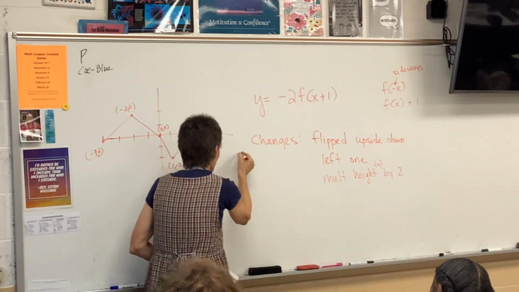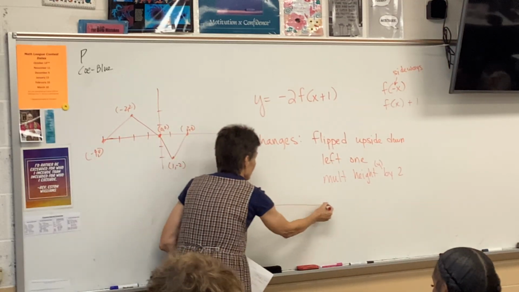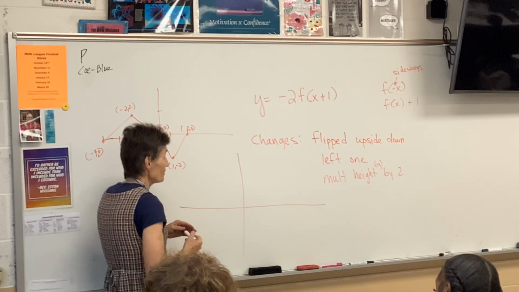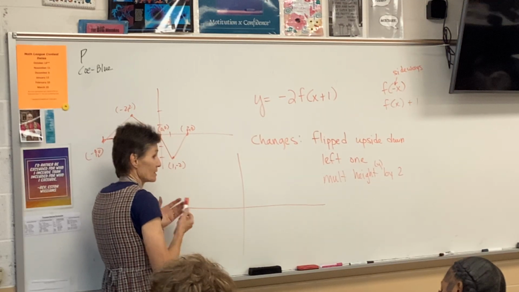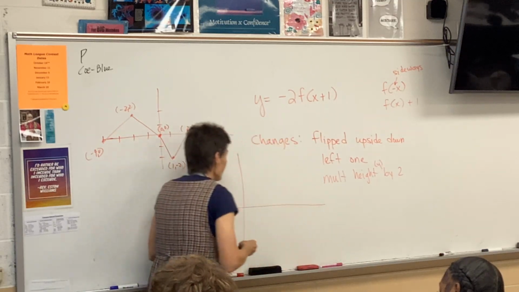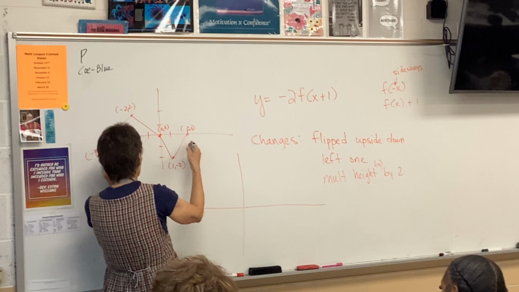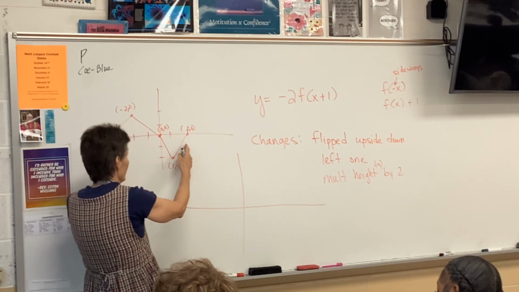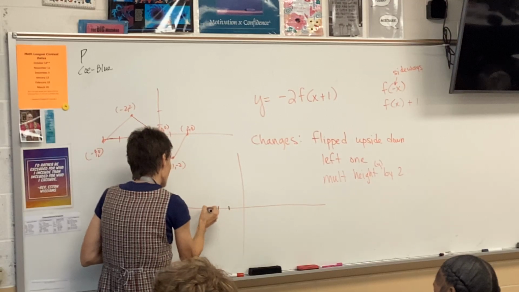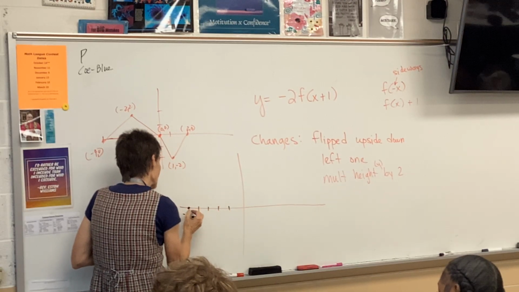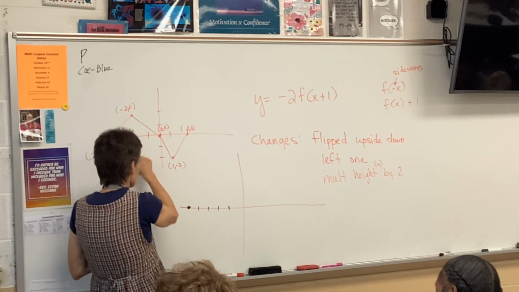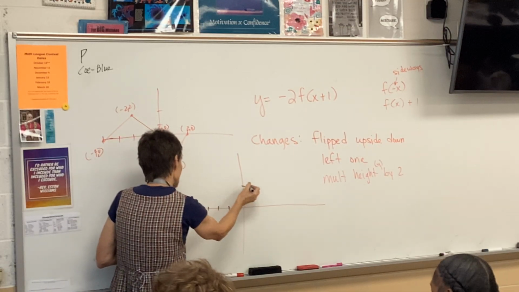All right, so now you're going to graph it. There is a lot in this problem, so I would suggest maybe one thing at a time, but it is up to you. I'm going to take every one of these points, left one. So instead of -4, I'm going to be over here at -5. And instead of -2, I'm going to be at -3.